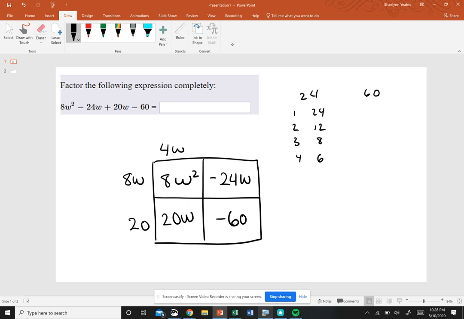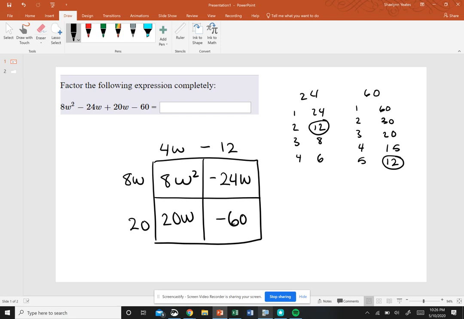And my factors of 60 are going to be 1 and 60, 2 and 30, 3 and 20, 4 and 15, 5 and 12. So there's my biggest common factor. So then it's going to be a negative 12.